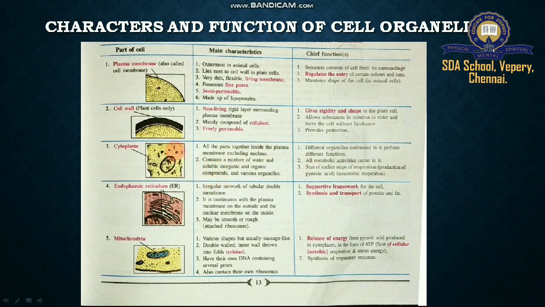Cytoplasm means excluding the nucleus, the homogeneous liquid mass. So all the parts together inside the plasma membrane, excluding the nucleus, are called cytoplasm, containing a mixture of water, soluble inorganic and organic compounds, and various organelles.